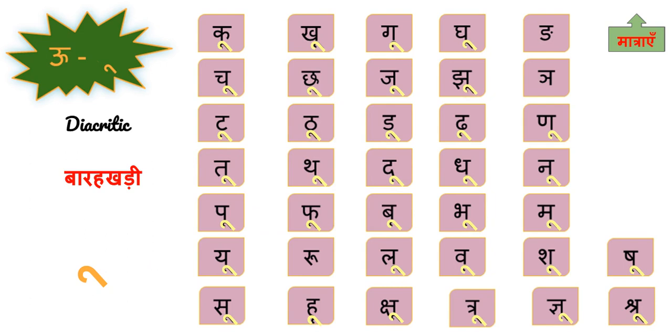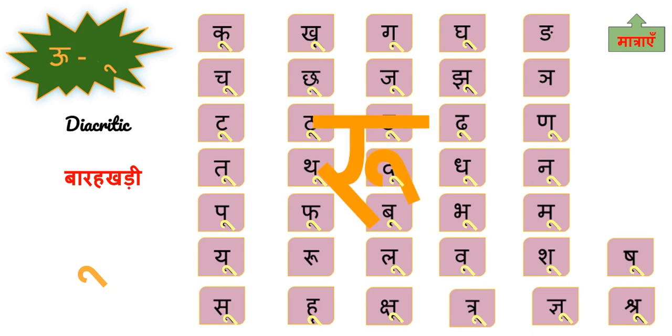And they will take 2 eye blinks time to read. क में बड़ी ऊ की मात्रा कू. ख में बड़ी ऊ की मात्रा खू. ग में बड़ी ऊ की मात्रा गू. घ में बड़ी ऊ की मात्रा घू, etc.